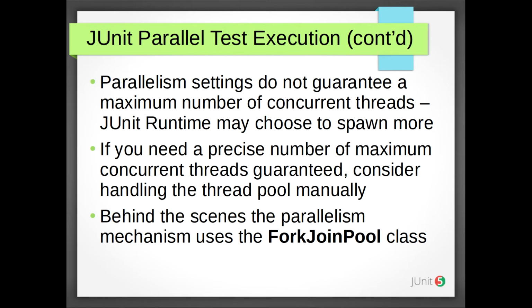So even with these settings, there is no guarantee that the maximum number of threads based on these settings will actually be the maximum number that ends up getting created, because the JUnit runtime has the latitude to create more. So that is more of a hint than a hard limit, if you will. If you need a precise maximum number of concurrent threads guaranteed, consider handling the thread pool manually.